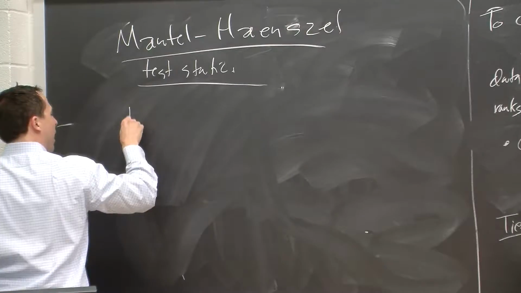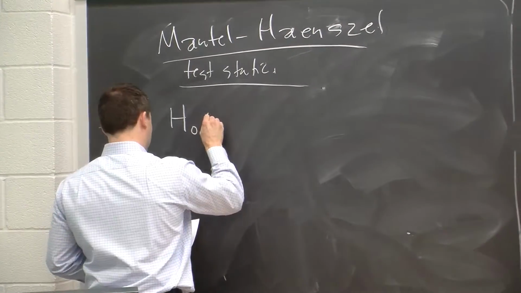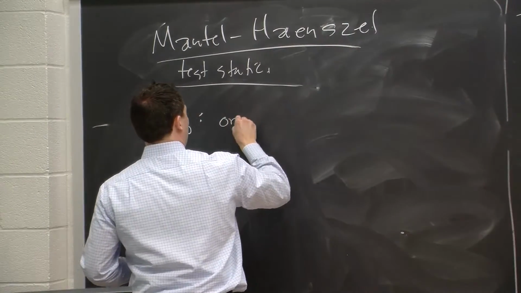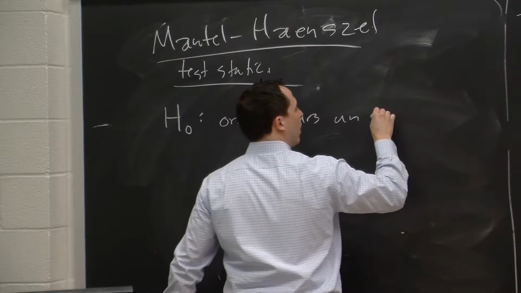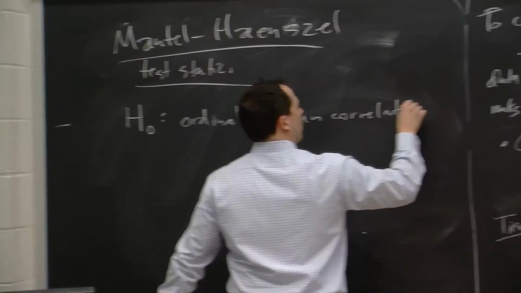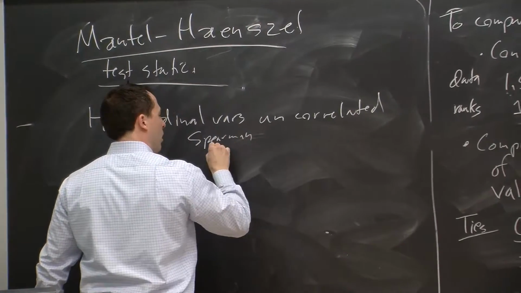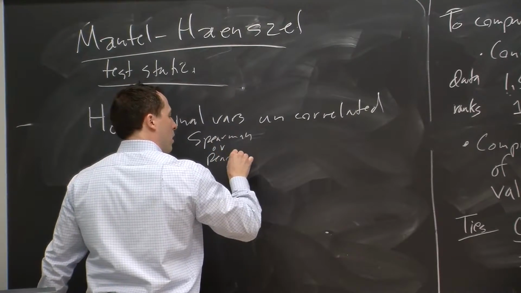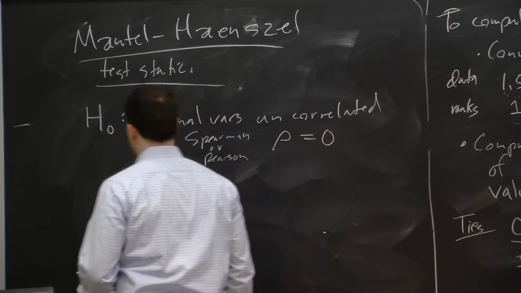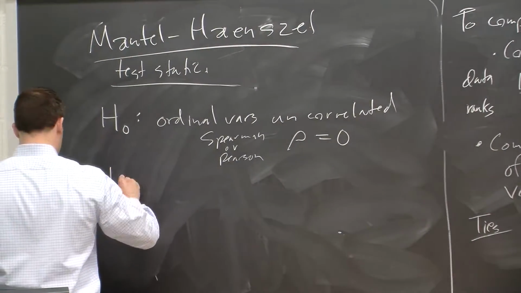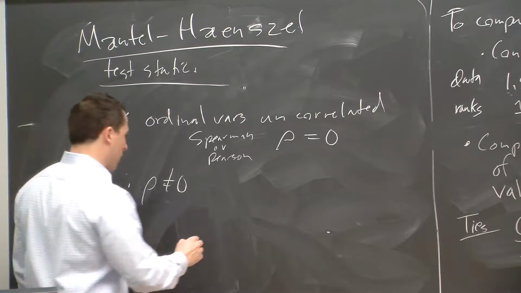This is going to be a test statistic for a hypothesis test where the null hypothesis is that the ordinal variables are uncorrelated, by which we mean exactly that Spearman or Pearson rho is equal to 0. And the alternative hypothesis is that rho is non-zero. So it's two-sided.